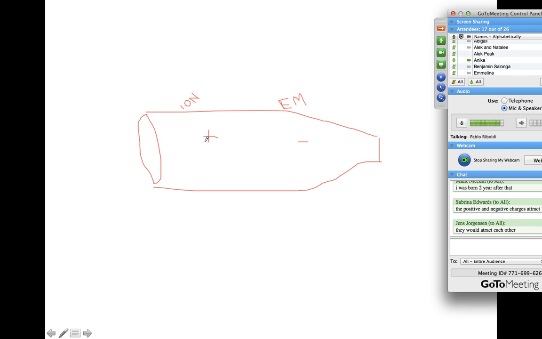Exactly right. So this ion would start moving toward the magnet. It would be attracted, and it would actually accelerate in speed. After it starts going here, there would be another electromagnetic field, which would change the polarity as it goes, and it would change into a positive field.